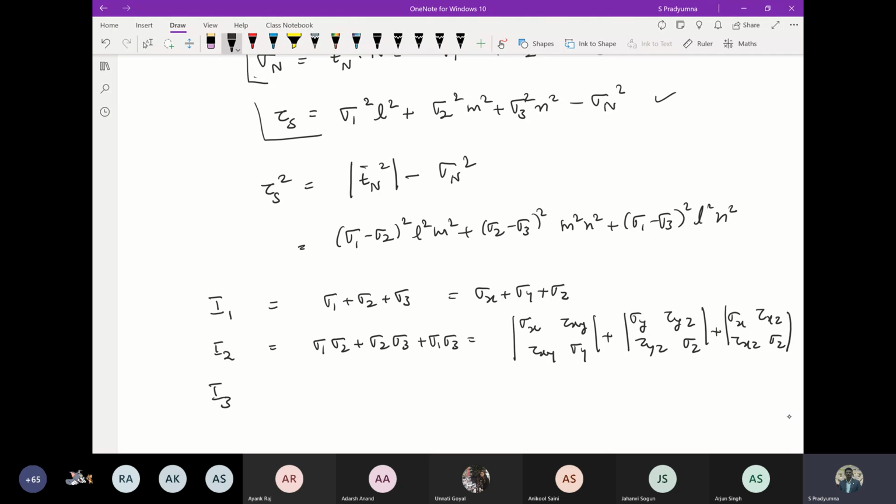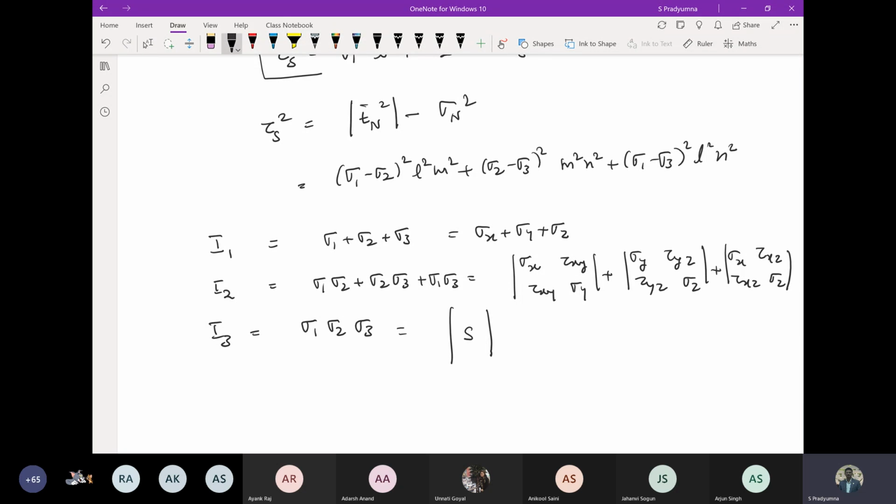And similarly, I3, which is the determinant of the stress matrix, is equal to sigma 1 sigma 2 sigma 3. So they are actually known as stress invariants.